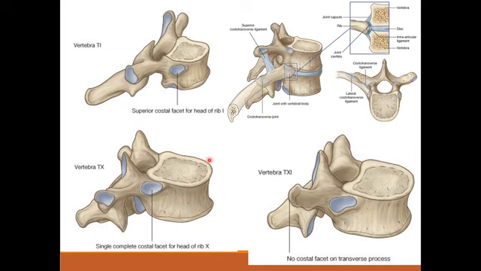In the lower vertebrae, 10th, 11th and 12th, there is only one articular facet on the body, because ribs 10, 11 and 12 have only one articular facet on their heads, so they articulate only with their own vertebrae. And here the vertebrae articulate only with the corresponding ribs.